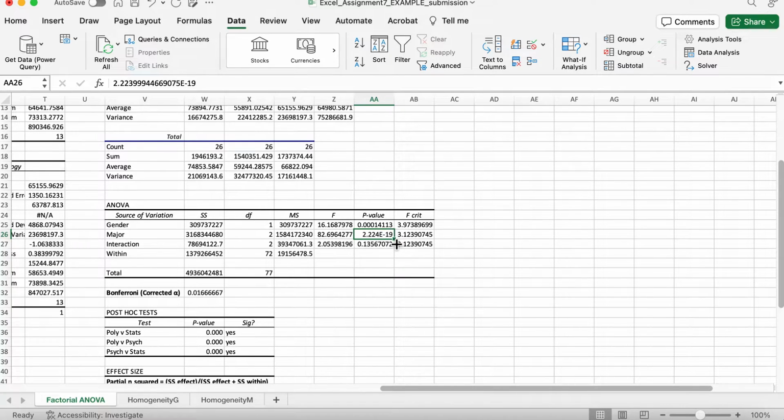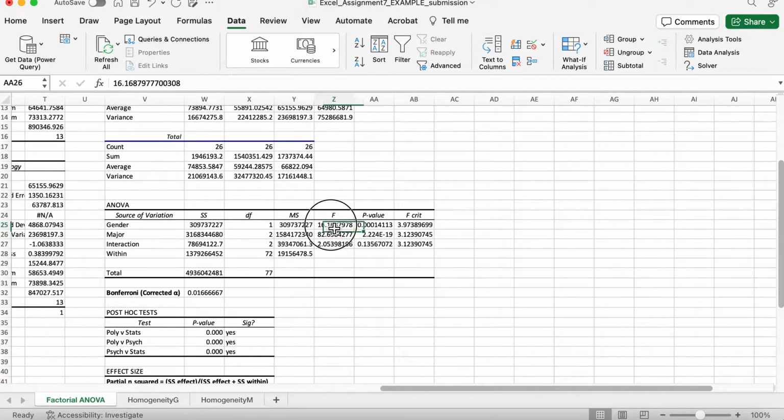If you don't understand scientific notation, the 19 is how many places this decimal point needs to go to the left. So we're going to have to say p is less than 0.001, because that's just a ridiculously long number here.